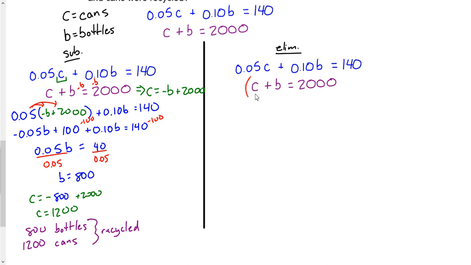Let's get rid of the b in this one, which means I'm going to have to multiply every single thing here by 0.10, which means I'm going to have 0.10c plus 0.10b, and 2,000 by 0.10 is 200.